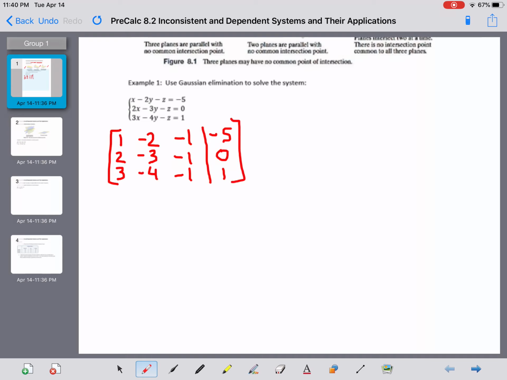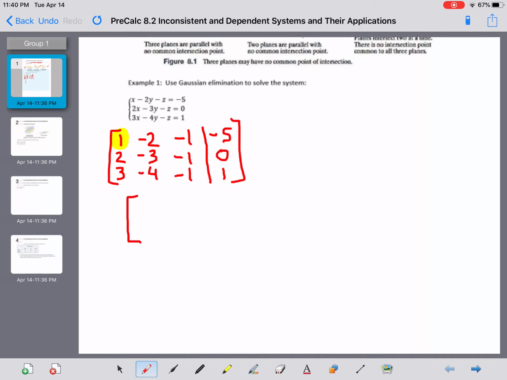Just like we did in 8.1, my goal is to get 1s down my diagonal and 0s underneath it. Lucky for me, when I start here, my first diagonal has the 1 on the top. So now my goal is to get 0s underneath it. Remember, when we're working with our first column, our first row is our target row.